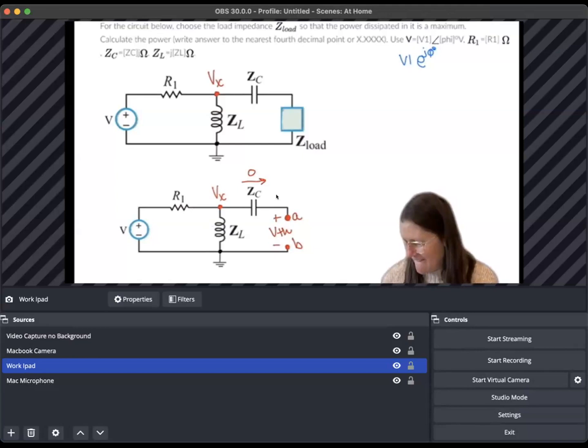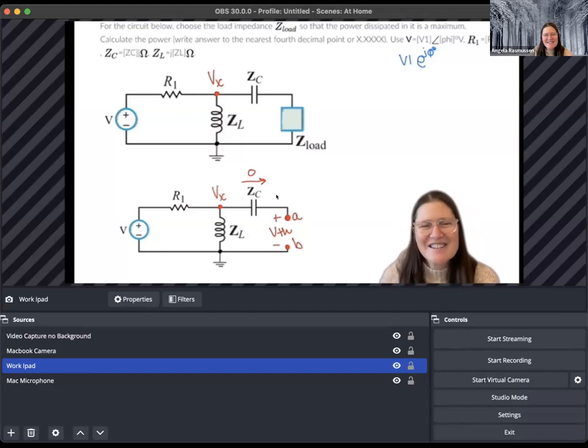Okay, so I've got to find VTH. So we know VTH is equal to Vx minus 0 over ZC. Welcome back, Lawrence.